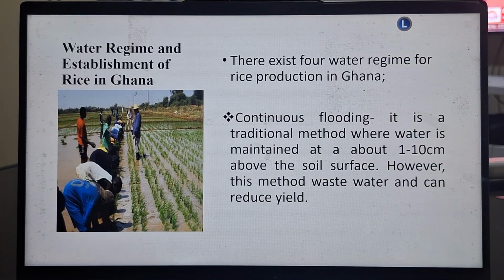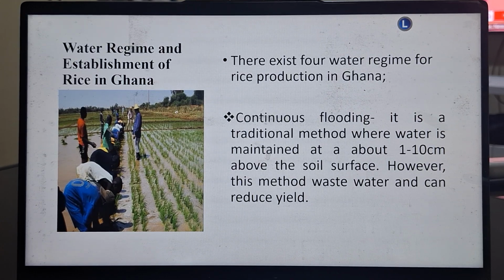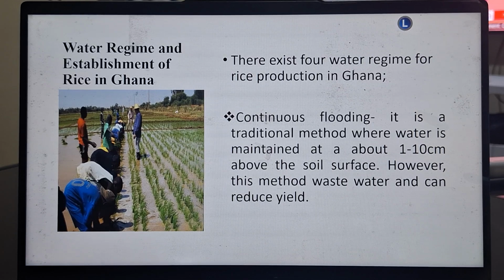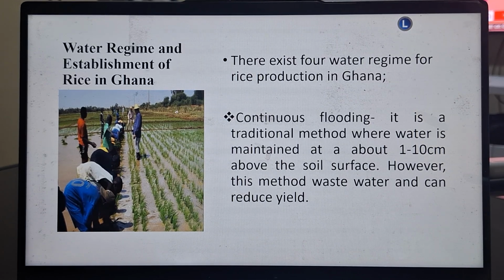Water regime and establishment of rice in Ghana. There exist four water regimes for rice production in Ghana. These regimes interlock with each other, and the first one is continuous flooding. This is the traditional method of water regime popularly used by most smallholder farmers in the country.